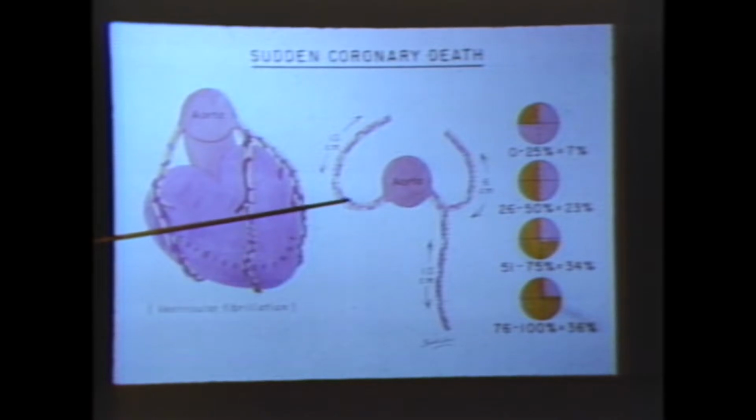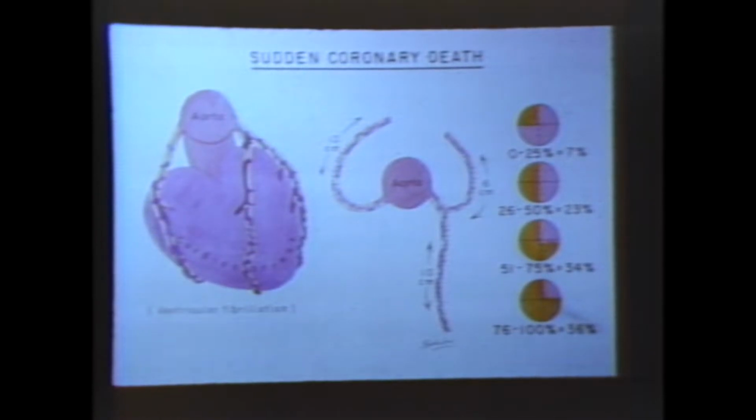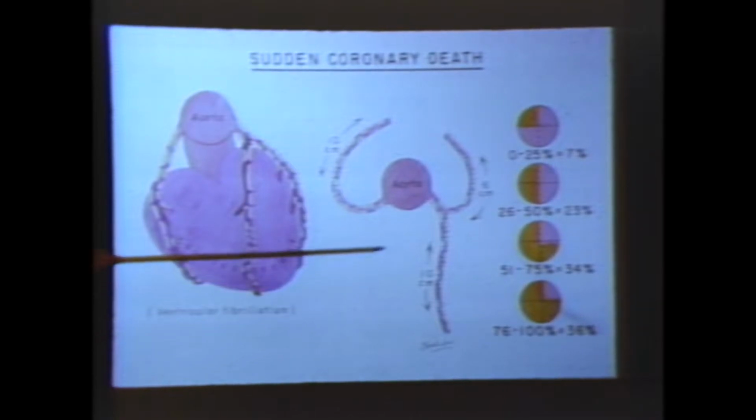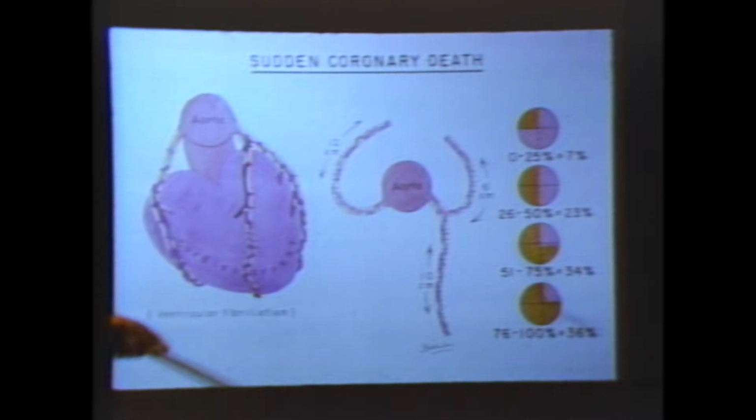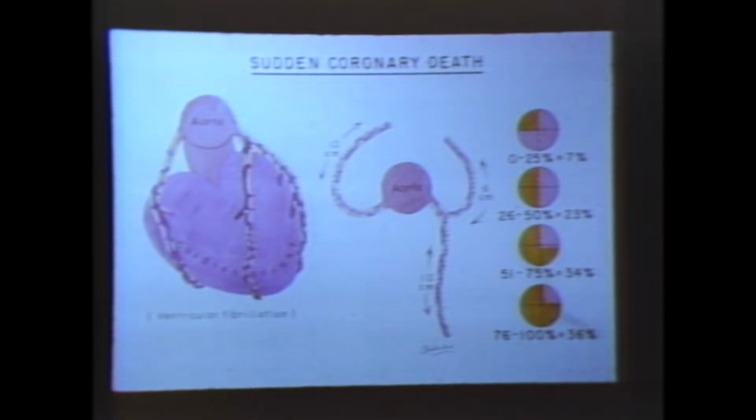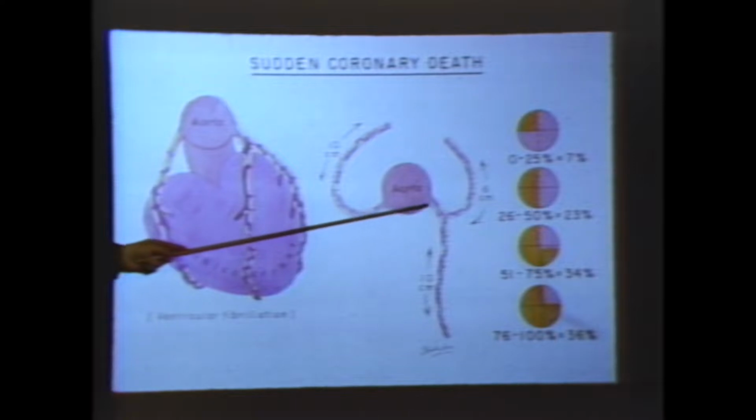This diagram shows that on an average, the right coronary artery in most adults is about 10 centimeters in length. The left anterior descending also about 10 centimeters. The left circumflex in most of us, 90% of us, gets very small after the left obtuse marginal. It's about 6 centimeters. The left main about 1 centimeter.